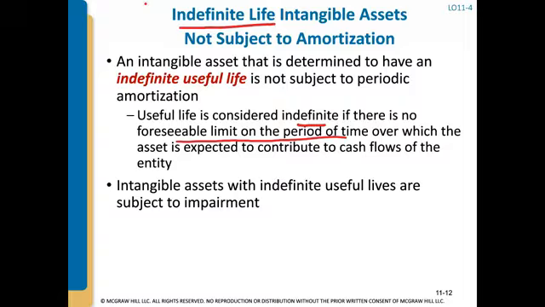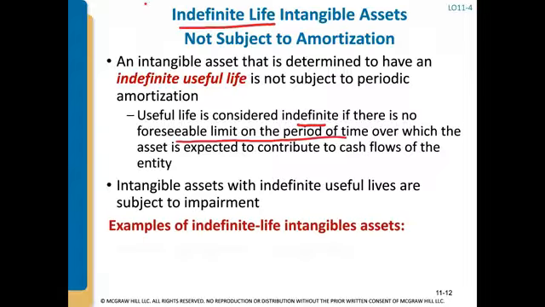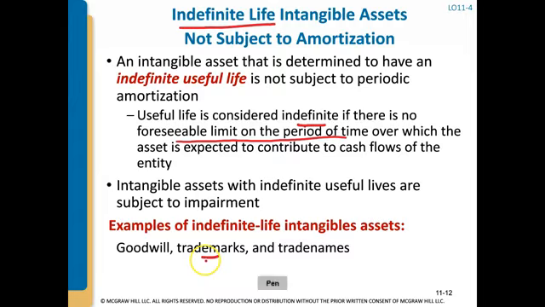So these are assets that can provide benefit and cash flows for an infinite amount of time. We don't know. We can't put a number on it. And those are considered indefinite life intangible assets. Examples of those are goodwill, trademarks, and trade names. These intangible assets would be acquired assets.